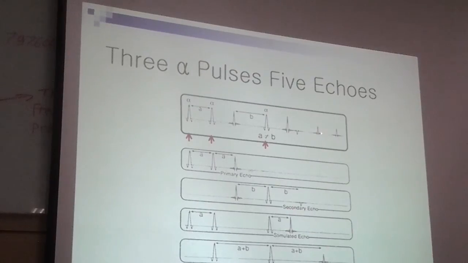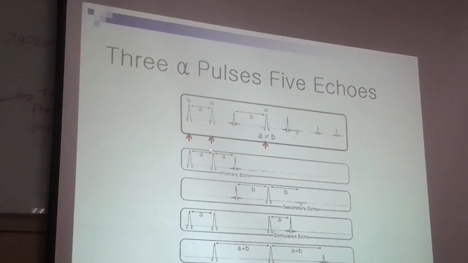The first echo comes from the combination of the second and third RF pulses. Also, the first and the third RF pulse generate a primary echo with the same principle of echo time here.